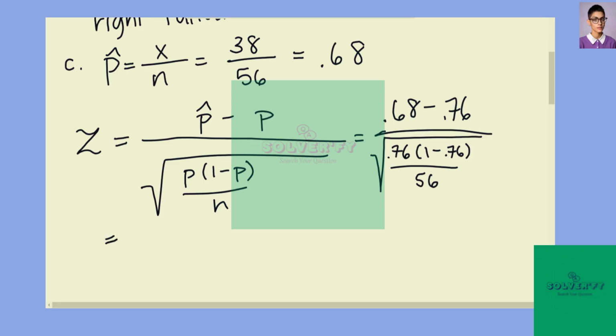And we end up with a z value of negative 1.40.